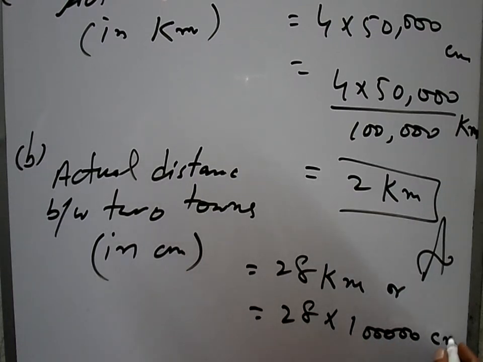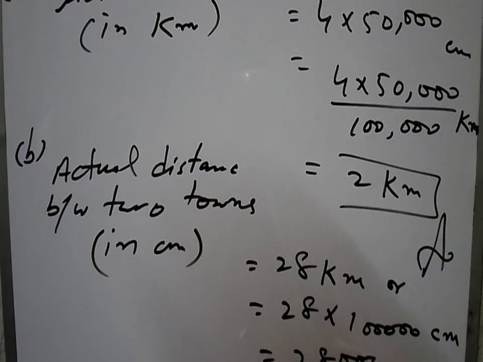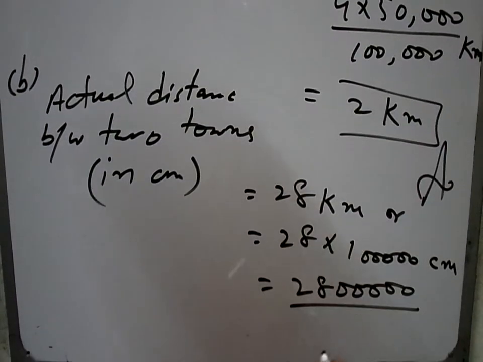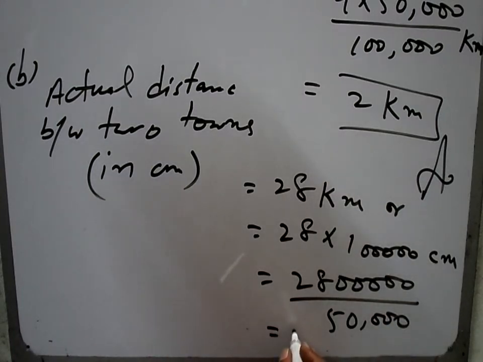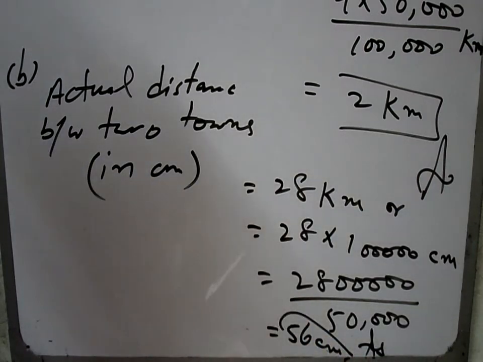So it will be converted into centimeters. So the scale factor is 50,000, so divided by 50,000. Why? To convert into centimeters. So you will get 56 centimeters. So that is your result on map.